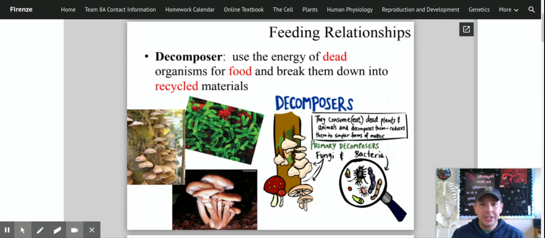They are decomposing the dead organism. That is their job. That is their niche in the environment. And you've probably seen mushrooms growing out of trees before and stuff like that. So this is what helps us return our bodies back into the earth in order for more plant life to grow. It's the circle of life. Again, watch The Lion King.